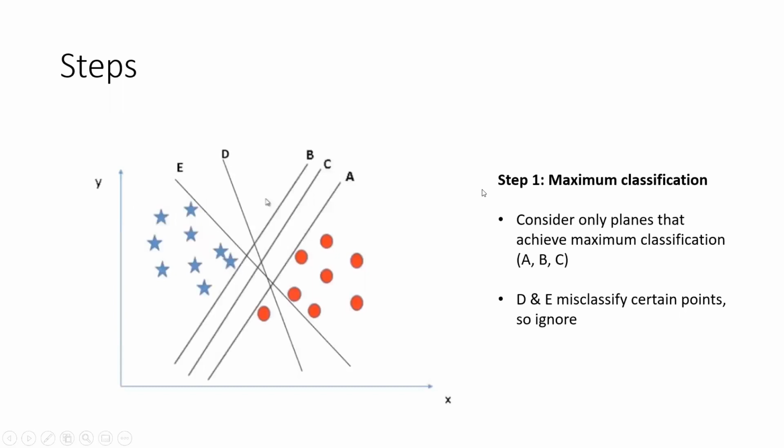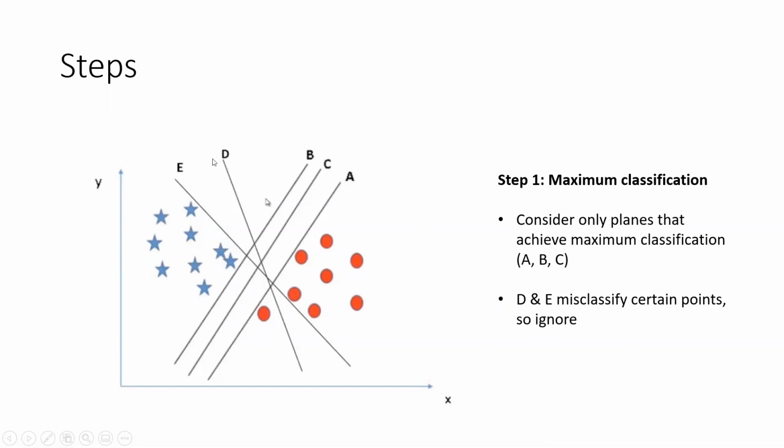Now, I'll just talk about the steps involved in the SVM process. So the first step is what we call the maximum classification step. Okay. So we draw all possible hyperplanes in the data, and we consider only those planes that achieve the maximum classification. So assume for a moment that there are 5 possible hyperplanes out of this scatter plot that you can make.